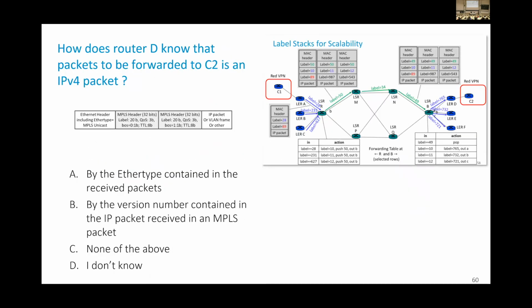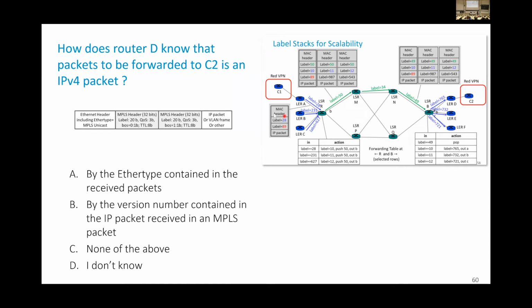So this I'll explain. Now let's conclude this MPLS story with a little wake-up quiz. So in this quiz, I'm asking, how does router D know, where's router D?